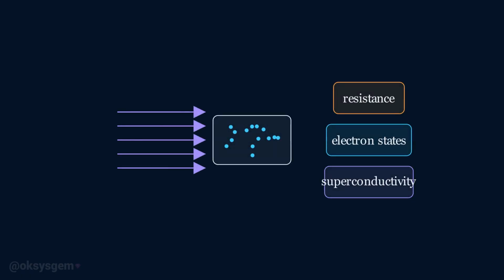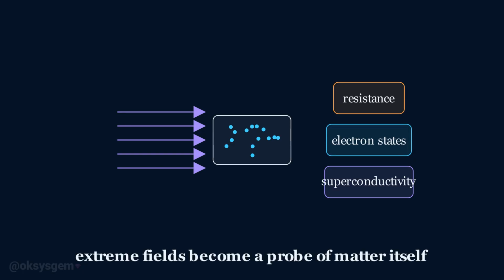Strong magnetic fields can alter electrical resistance, change the organization of electrons inside materials, affect superconductivity, and reveal previously hidden quantum behavior. Researchers therefore do not build these magnets simply to attract the largest piece of iron possible. At extremely high field strengths, magnetism becomes a tool for changing and investigating the fundamental state of matter itself.